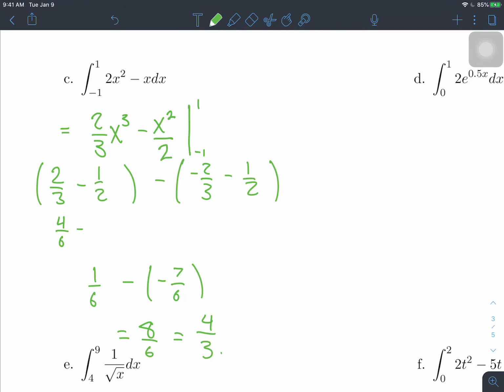I multiplied this one times 3/3 to get 3/6. And then I did the same thing to this guy. I multiplied the first thing by 2/2 to get -4/6, and I subtracted from that 3/6. So -4 minus 3 got me -7. And 4 minus 3 got me 1.